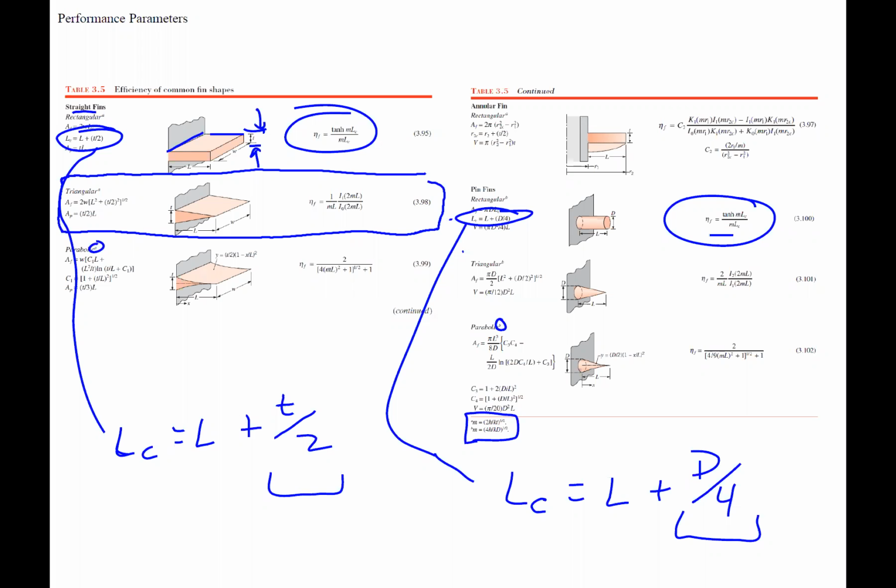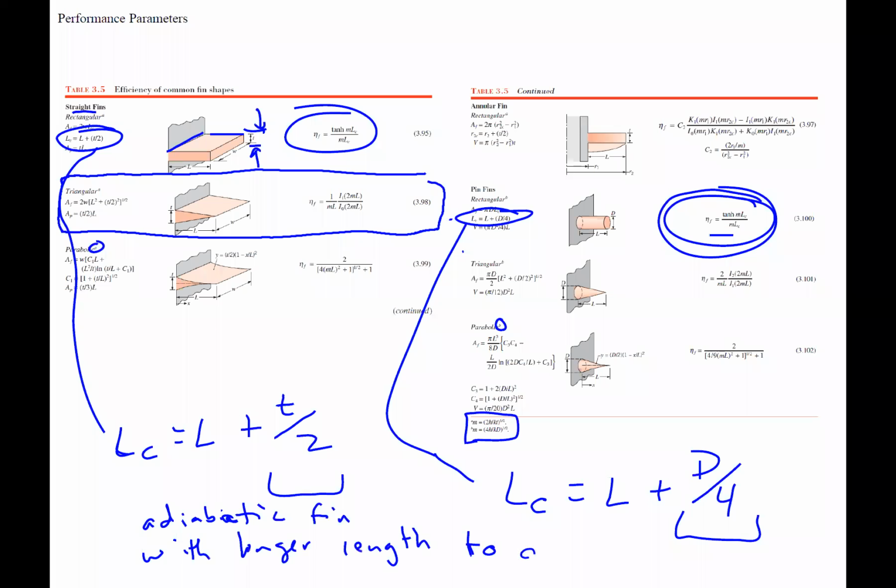And what they're doing that for is they're using the simpler adiabatic fin equation. So they're using an adiabatic fin with a longer length, and that's to account for convection.